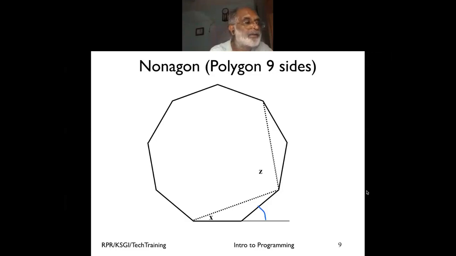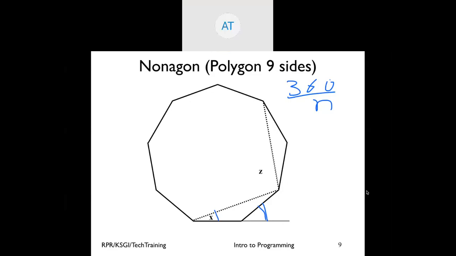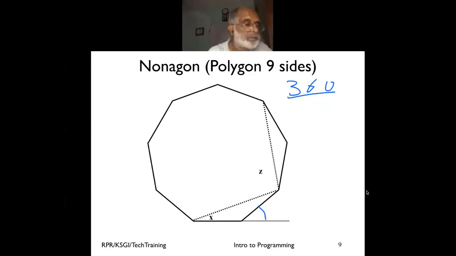So whatever my n is, 360 by n is this angle, and half of this gives me this angle. Now, after we draw this side, we need to turn 180 minus z, for some angle z we will calculate. I need to turn from here to here, a left turn.